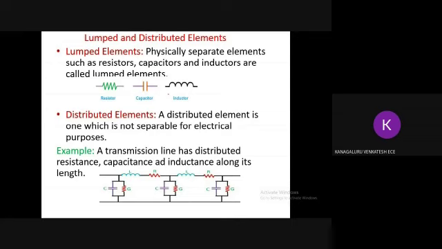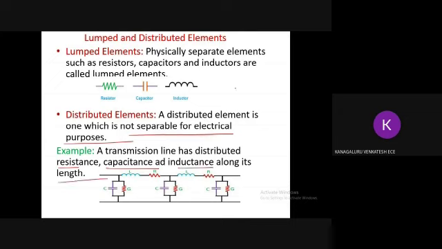So those kinds of elements are called lumped elements. Distributed elements, we cannot separate them. A distributed element is one which is not separable for electrical purposes. An example of a distributed element is a transmission line, which has distributed resistance, capacitance, and inductance along its length.